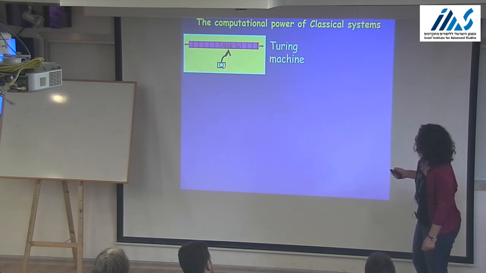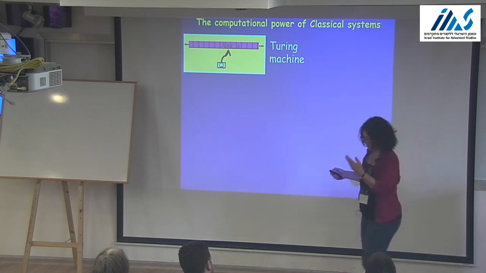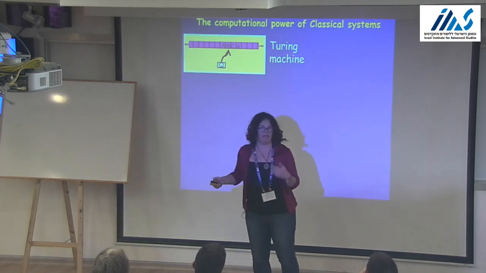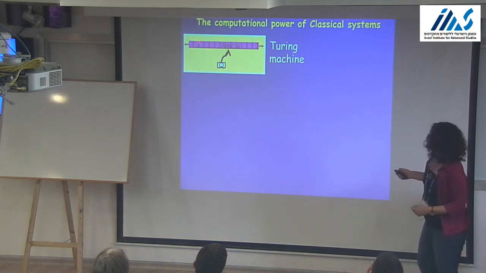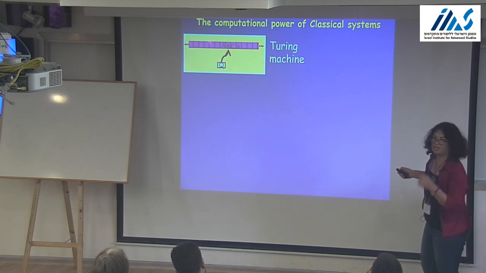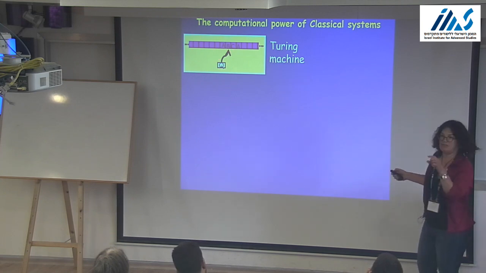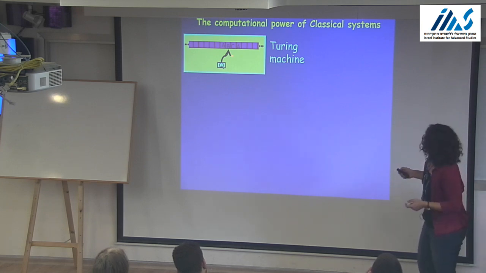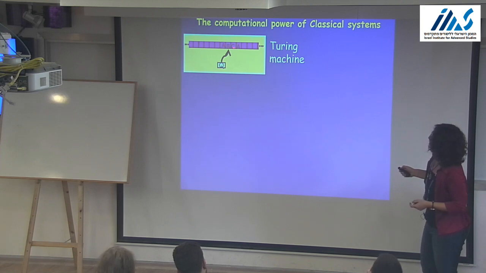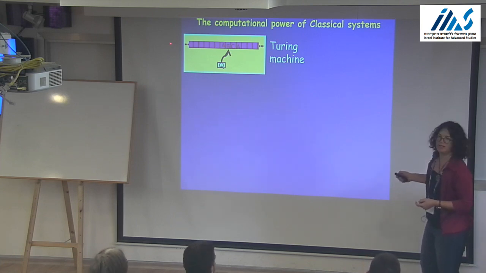And then the Turing machine makes one step by looking at the transition function, which just looks at the state of this finite state machine and the letter currently that the head reads, and decides according to these two things, a state and a letter, what will be the new letter written here and what will be the new state, and where will the head go, to the right or to the left.